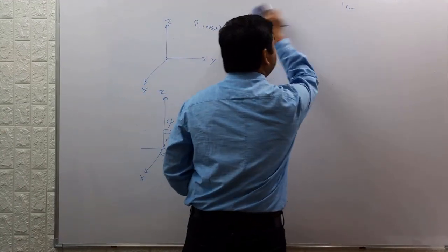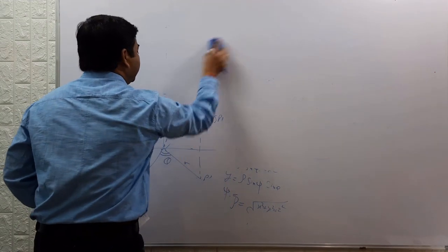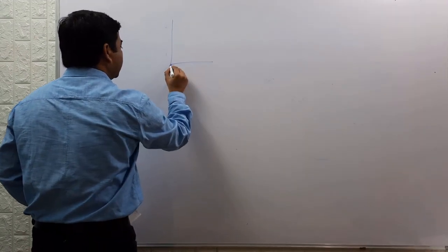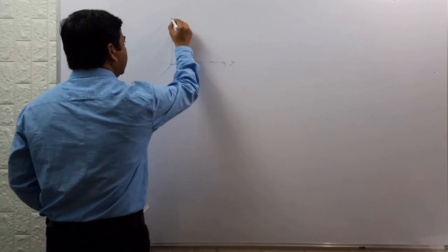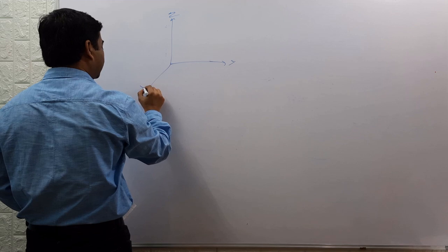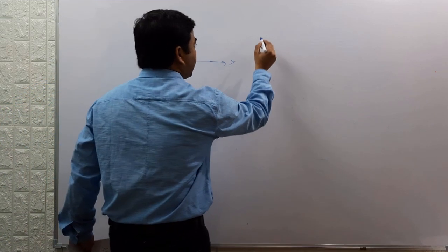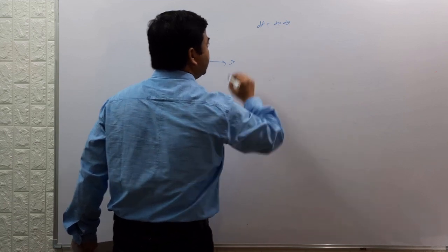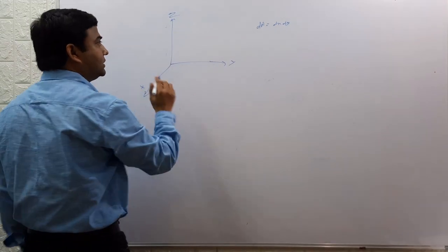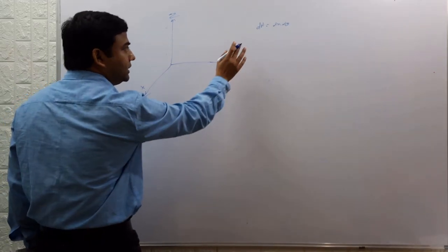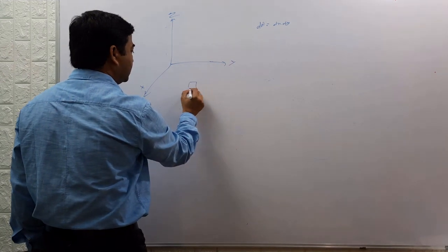Again, we will write the relation between dx dy and dx dy dz in the different coordinate systems. Suppose in the Cartesian coordinate system with axes y, z, x, we write dA is equal to dx times dy, in the normal Cartesian system. In the xy plane there is a small area dx times dy.